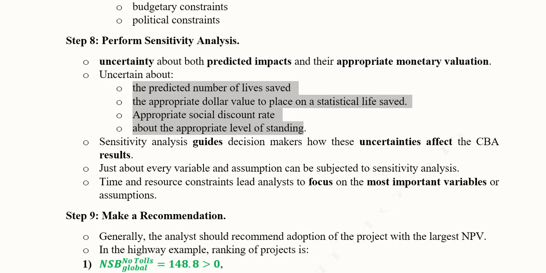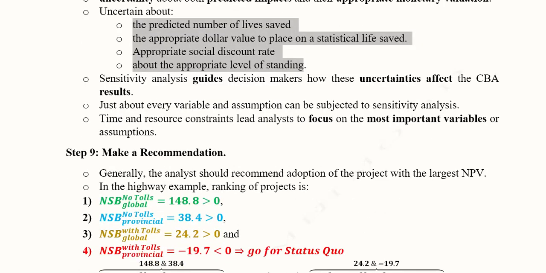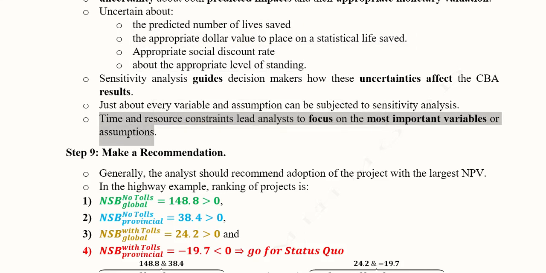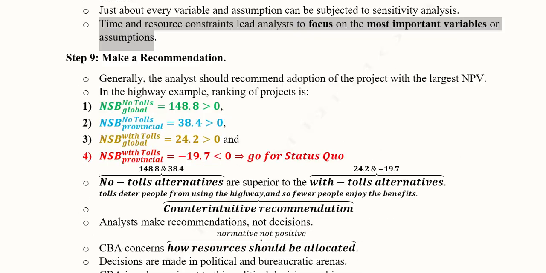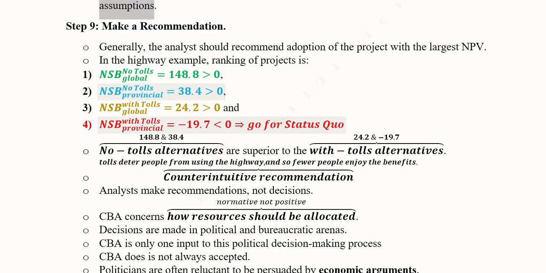So we should keep an eye on those critical variables and do this analysis. Again, this process of sensitivity analysis, sensitivity to the critical factors, is also limited because we have constraints of time and resources. Finally, we talk about the final step, and this final step is about making the recommendation.